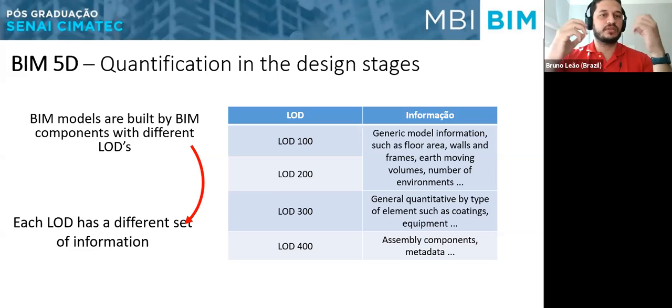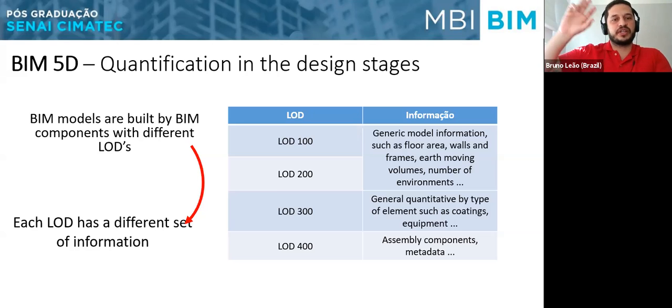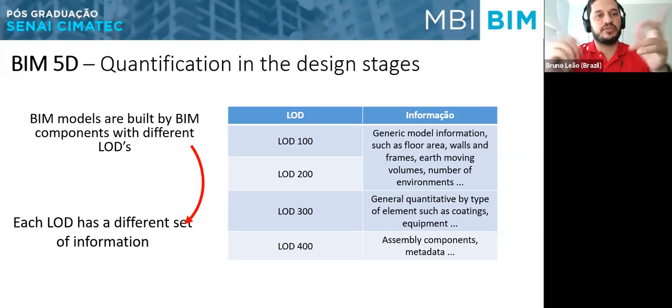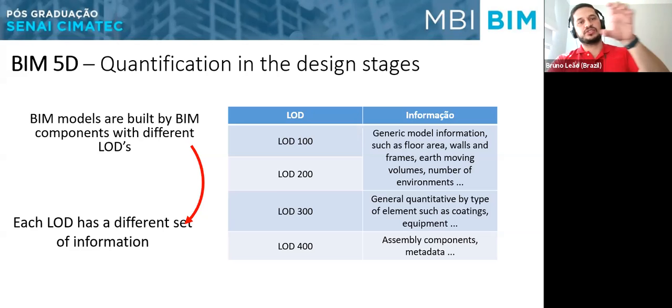So we can say that LOD 100 and LOD 200 are for the cost estimation budget. We can say that LOD 300 is for the second kind of budget. LOD 400 is for the operating kind of budget. So we can make this link between the stages of the budget and its precision and the levels of development of a BIM model.